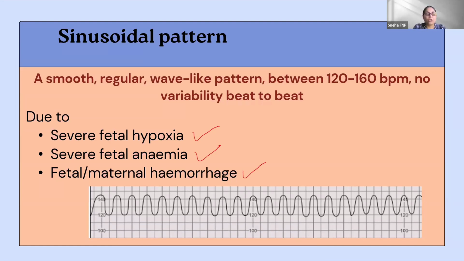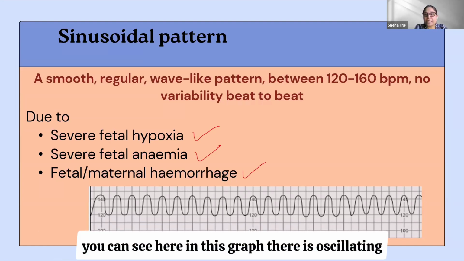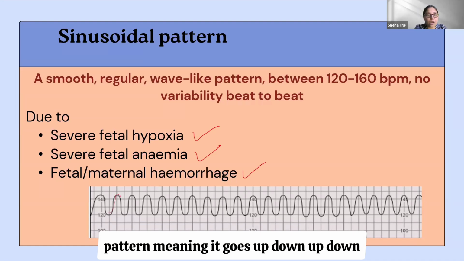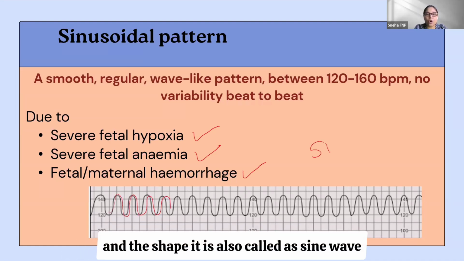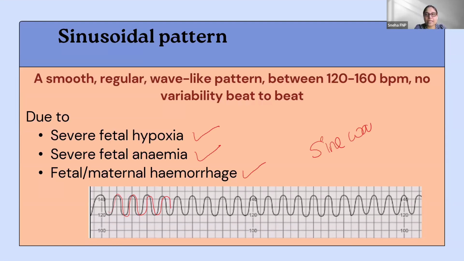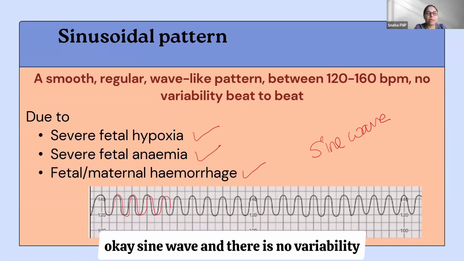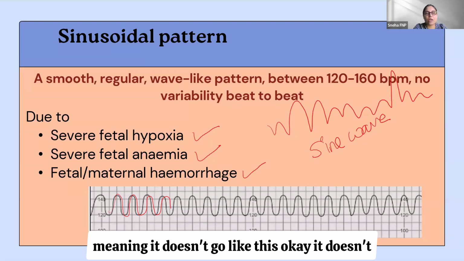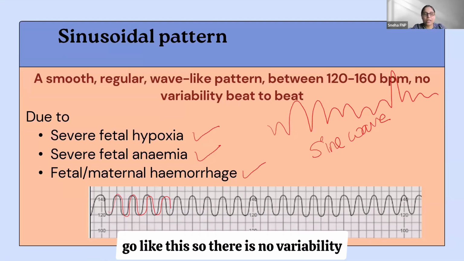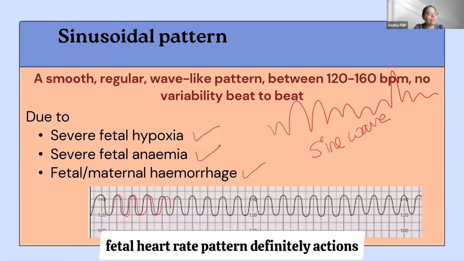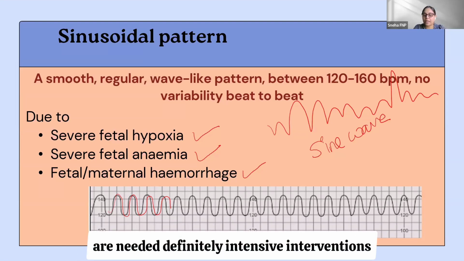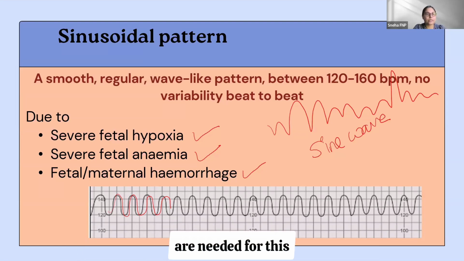In this graph there is an oscillating pattern, meaning it goes up and down, and it is also called a sine wave. There is no variability and no acceleration present, and it is because of hypoxia. Non-reassuring fetal heart rate pattern. Definitely intensive interventions are needed for this.